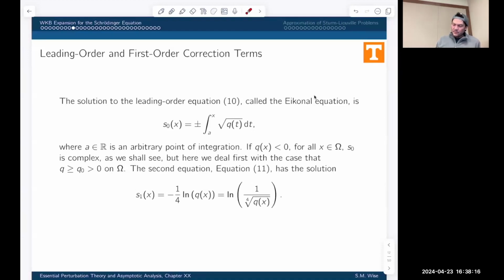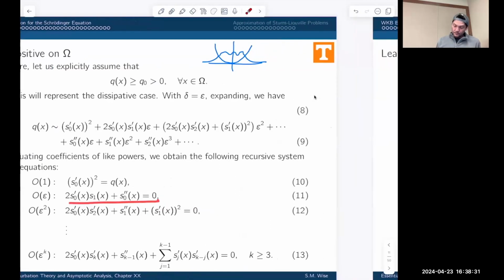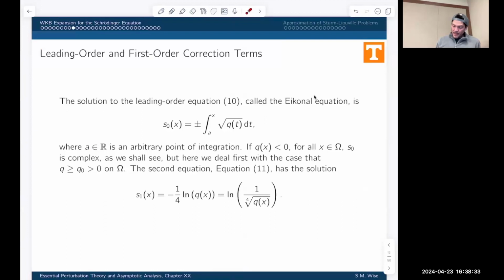The second equation, equation 11, is sometimes called the transport equation in the quantum mechanics literature. But remember, that's just a purely algebraic equation. You just solve for S1. And that works out to be minus 1/4 natural log of q. Remember, q has to be positive to take the natural log of it.